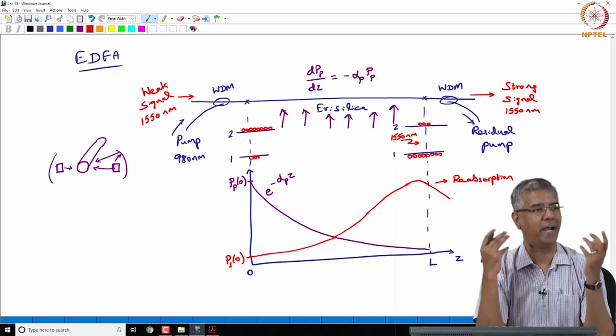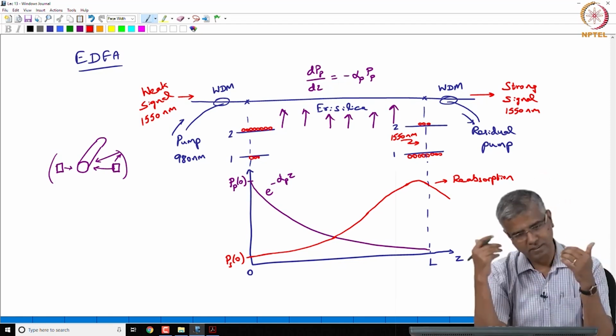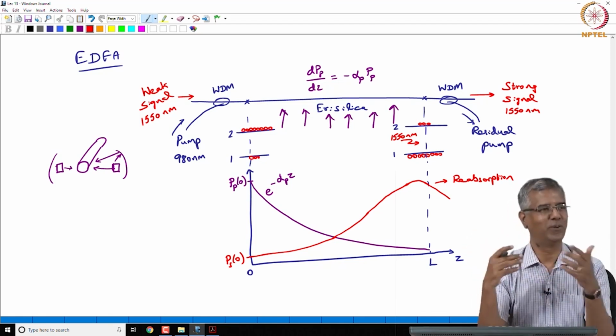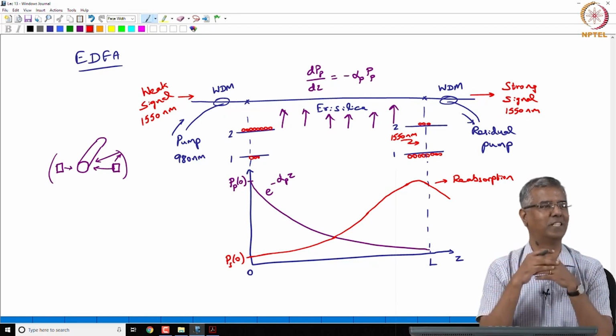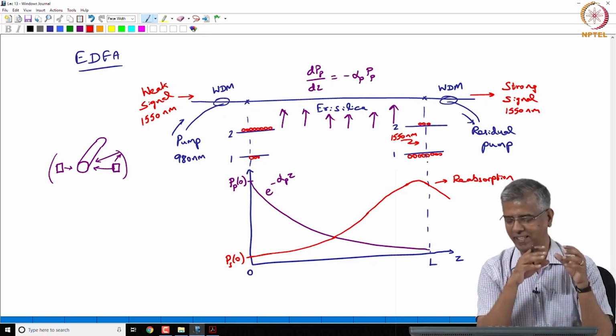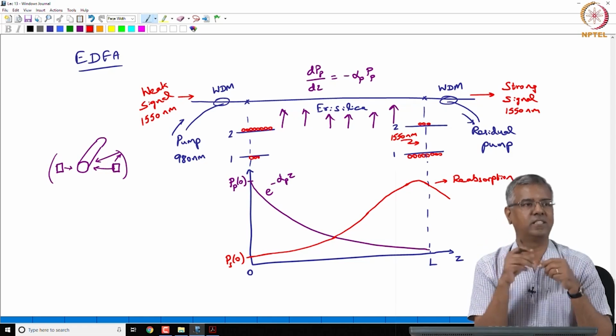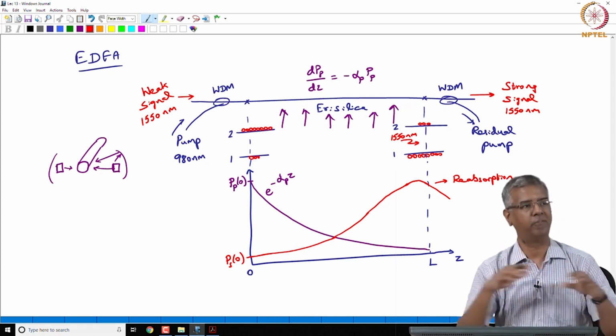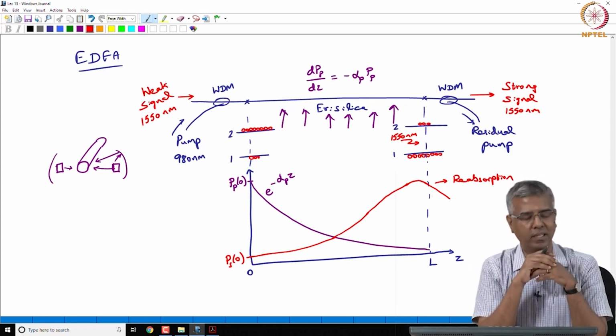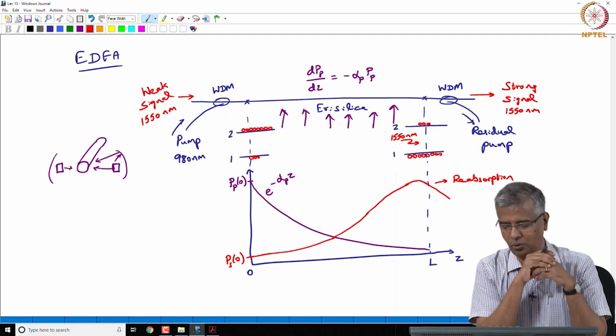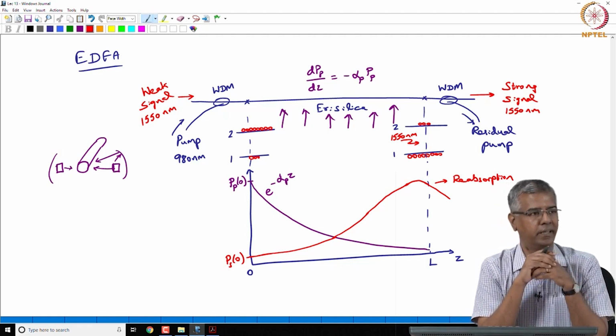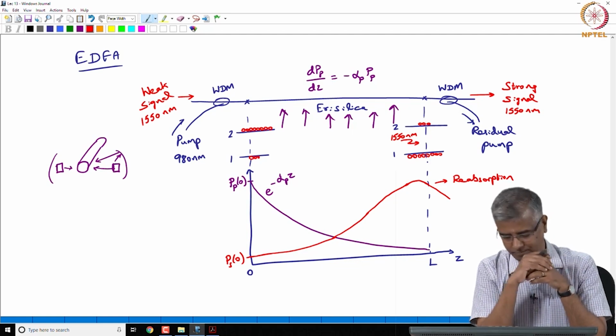Okay, so that's called bidirectional pumping. So now we are starting to look at some advanced issues in advanced configurations. I'm glad you guys are thinking like this, but that's what you need to do to have uniform excitation, and that's a good way of making sure reabsorption is not happening.